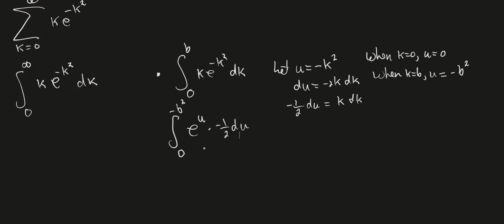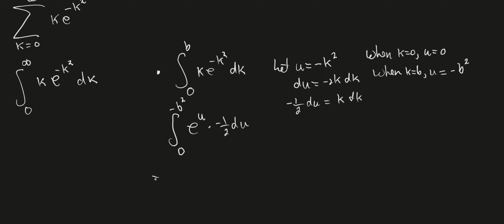Now, it's a good reminder. We probably haven't used some of these properties recently, but let me take out the negative 1/2. Then we have the integral from 0 to negative b squared of e to the u du. Now remember that property: if you switch the limits of integration, then you have to put a negative in front of the integral sign.